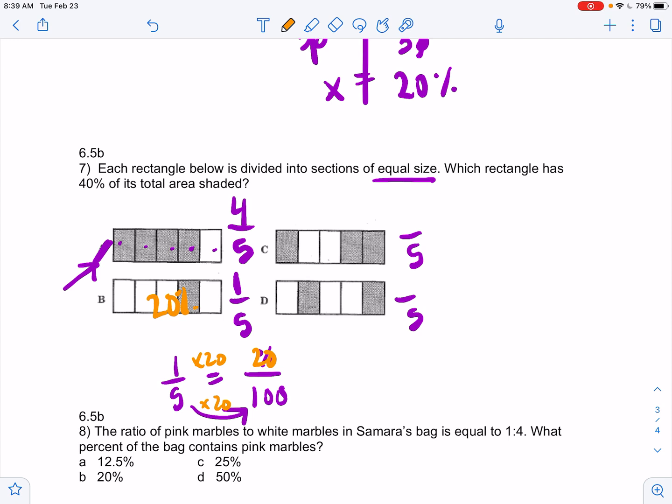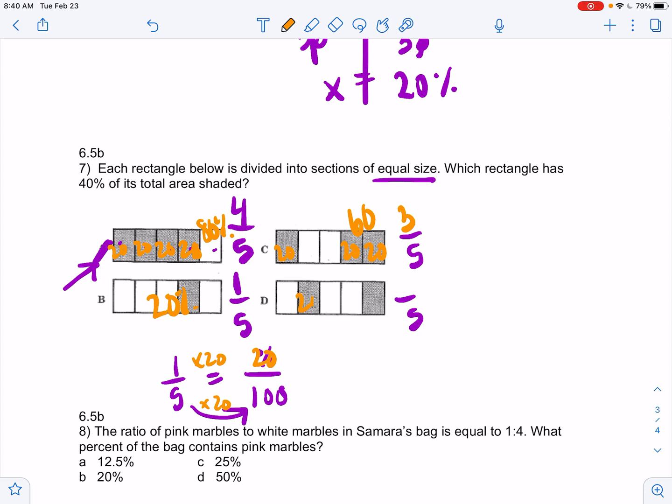So now think about this. Don't overwork it. If you know that one section is 20%, we could come back up to A and say 20, 20, 20, and 20. That's 80%. Okay, C, 20, 20, and 20. That would be 60%, which would be 3/5.